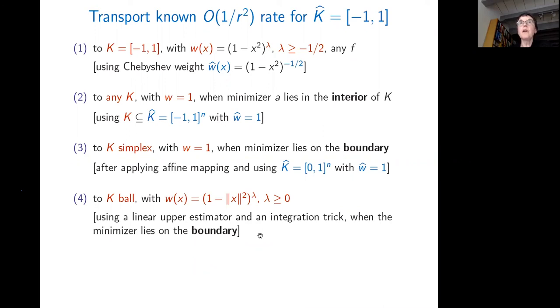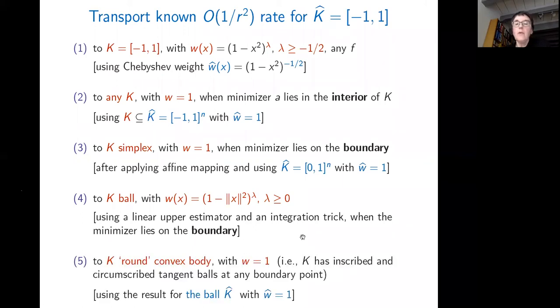And for the ball, actually, it's getting back to the unified case by doing an integration trick. So a bit similar to what we did for the case of the unit sphere. And finally, we can do a class of convex bodies, which we call round or looking like a ball, equipped with the Lebesgue measure. So what do we mean by this?